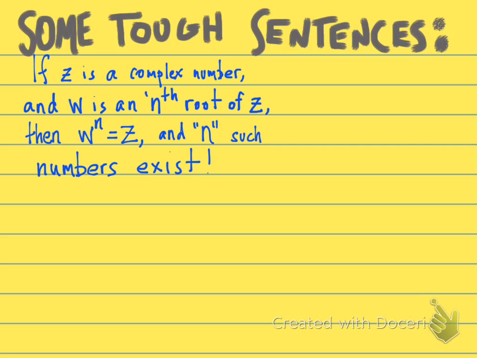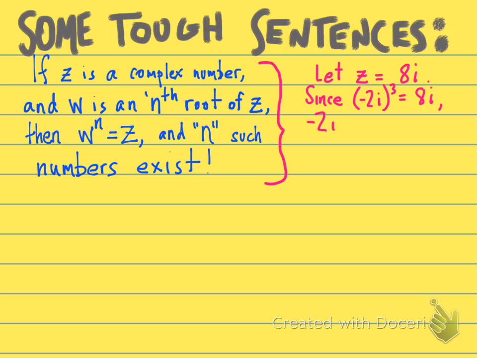Let's do a little short example to handle at least the first part. So z, let's say, equals 8i, a nice easy complex number like that. And let's deal with the cube roots of 8i. Well, since negative 2i to the third equals 8i, that means that negative 2i is a cube root of 8i. So think about that for a second.